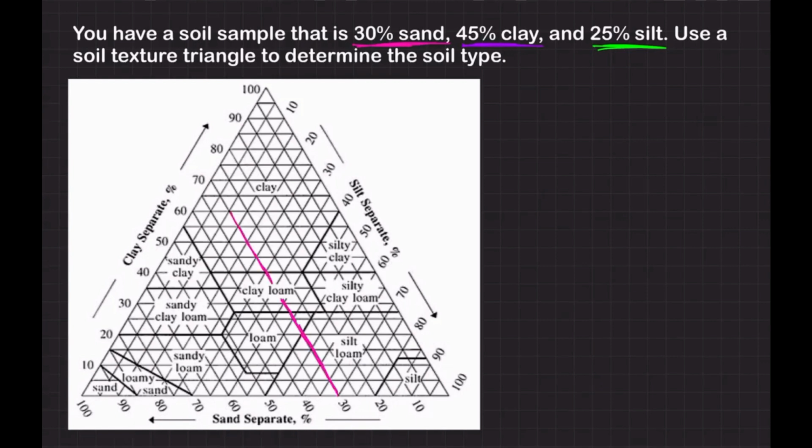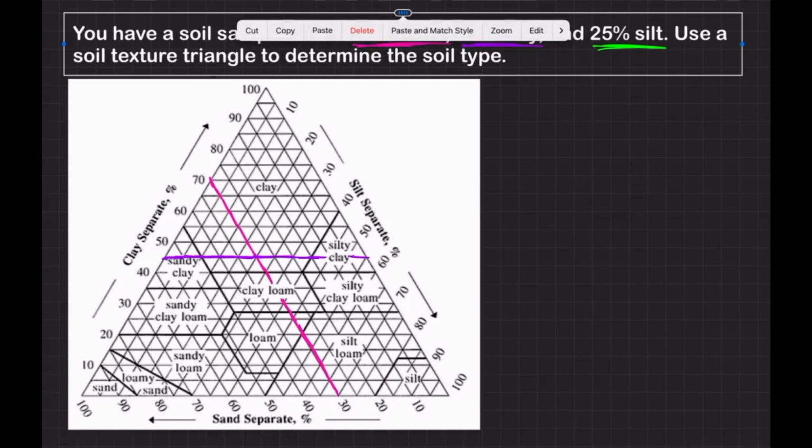And I just made these numbers up when I made these practice problems, so they may not all be realistic types of soil. I don't really know. Like I said, I just made it up. And so this one is going through the sandy loam. And then we have the 25% silt.